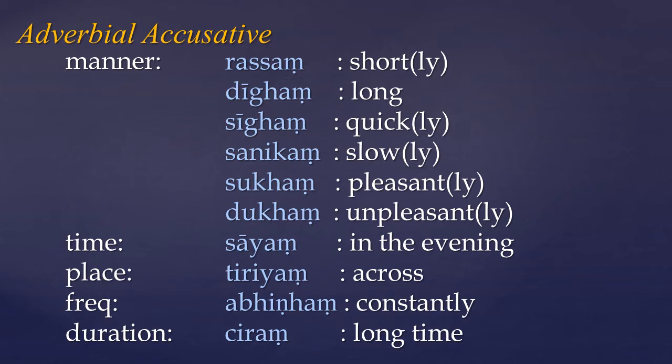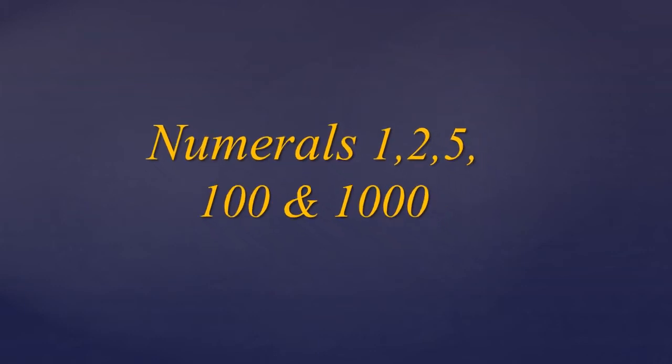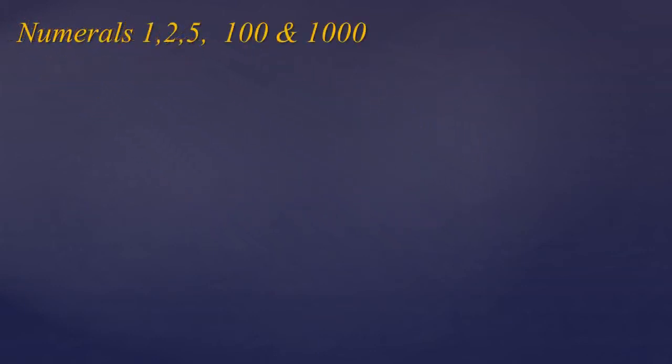So let's get on and look at the next section, which is numerals. Numbers in Pali are somewhat unusual. Their application isn't very regular, and so in this lesson, Warder examines the numbers 1, 2, 5, and 100 and 1,000.